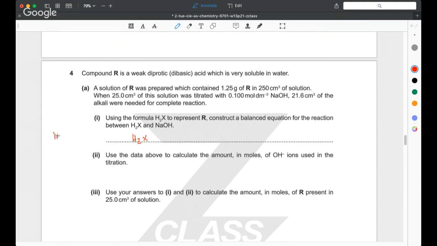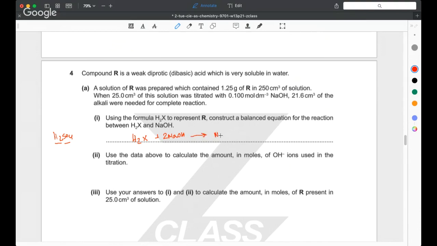A diprotic acid would be something like H2SO4, where there's 2 acidic hydrogens in the acid. And you're reacting that with sodium hydroxide, and you'll need 2 moles of sodium hydroxide for each mole of this diprotic acid. And when you react an acid and a base, you're going to make a salt.